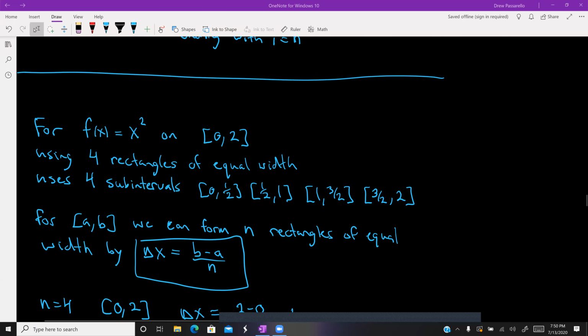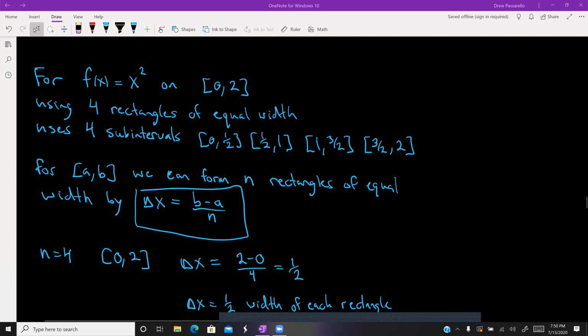All right, so for our recurring example, f of x equals x squared on 0 to 2, using 4 rectangles of equal width, we form these 4 subintervals. In general, for any interval a to b, we can form n rectangles of equal width by doing delta x equals b minus a over n.